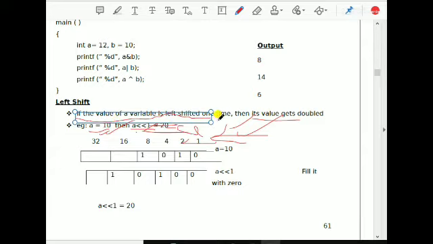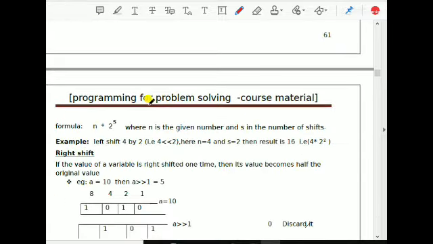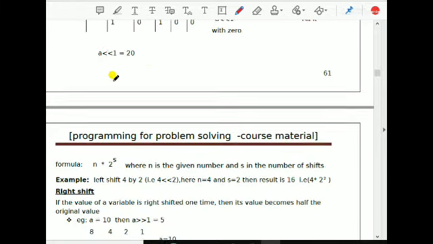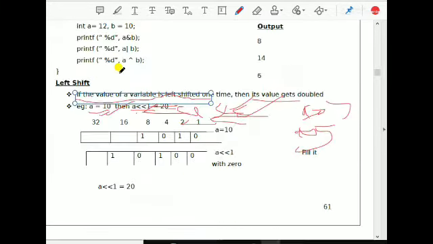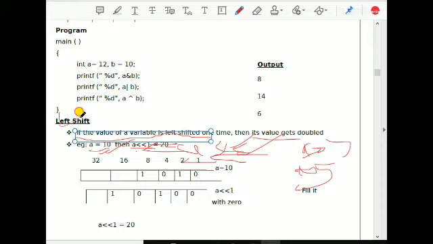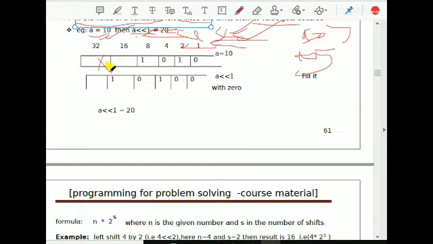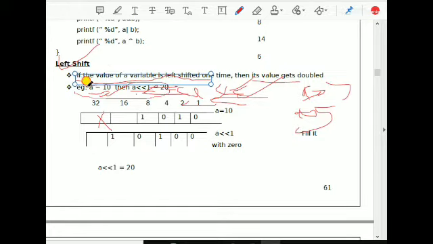And if it is right shift, then it will decrease by half. See here, right shift means this side, because the arrow mark goes there. So right shift means it will decrease the value to half. If it is 10, then it will give 5. If you are writing left shift and right shift, write this definition and write this example.